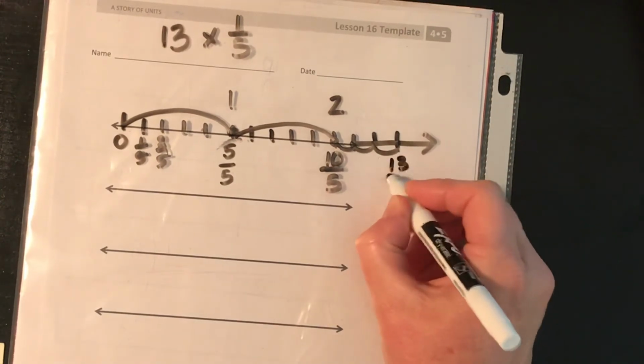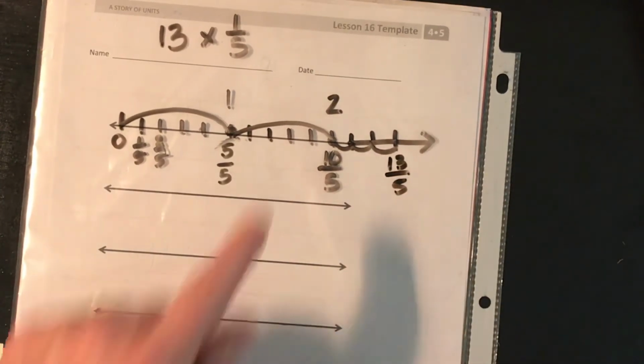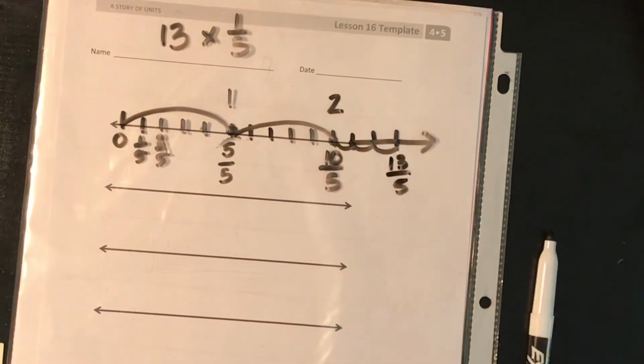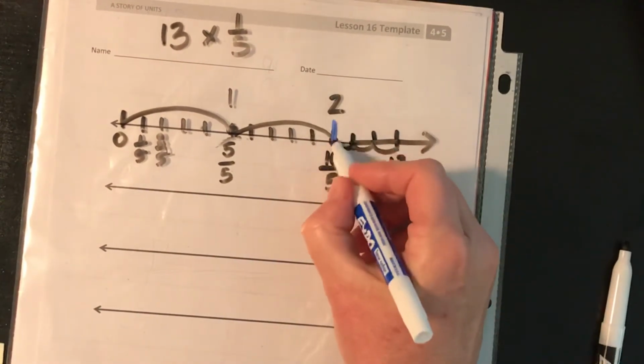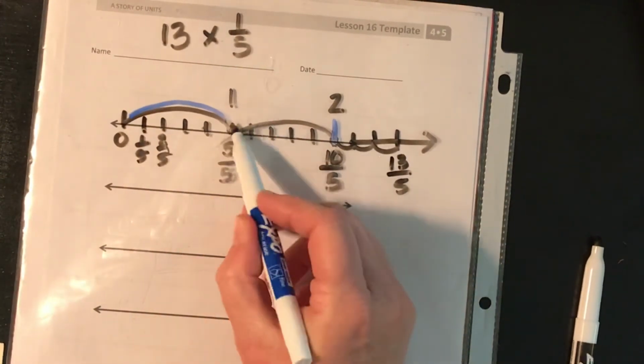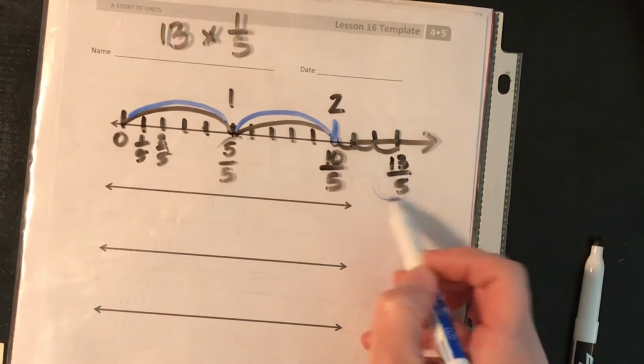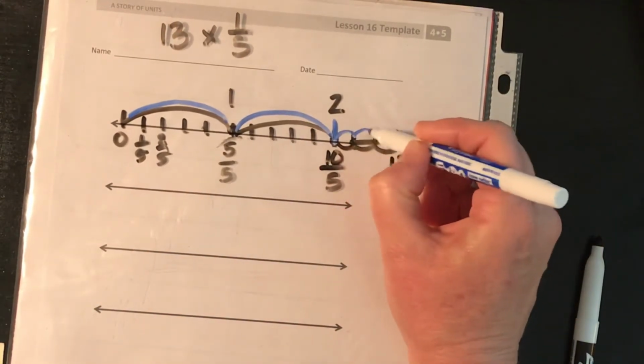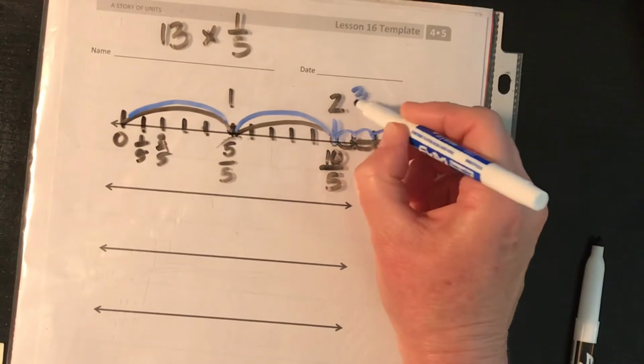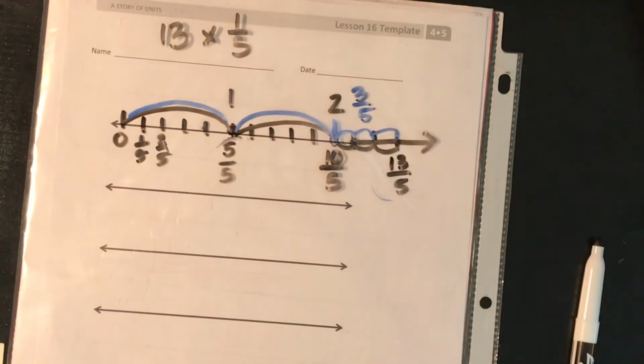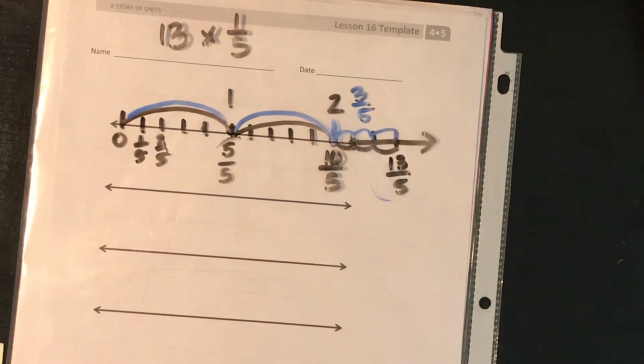That's where my 13/5 would be. So I have 2 whole amounts right here. There's my 2 jumps. 1, 2. And then I have 1, 2, 3/5 extra. 2 and 3/5. So again, that's what it would look like on a number line. You can see how that would work.